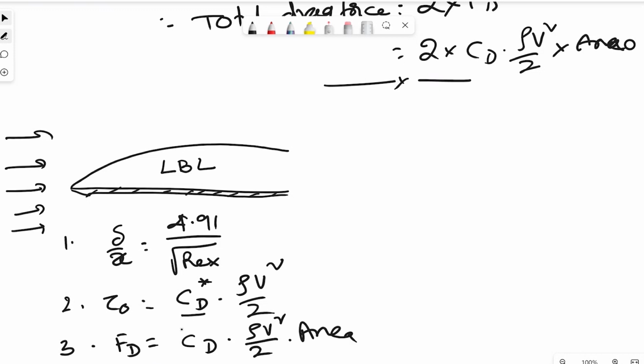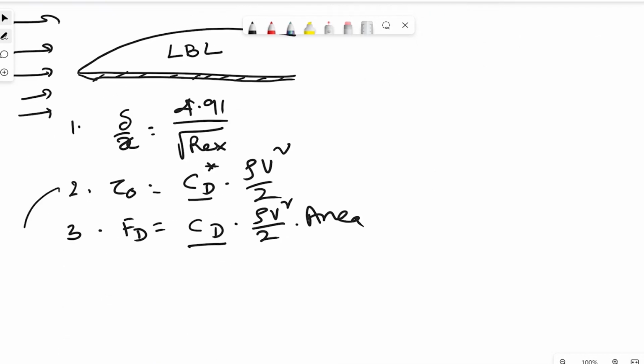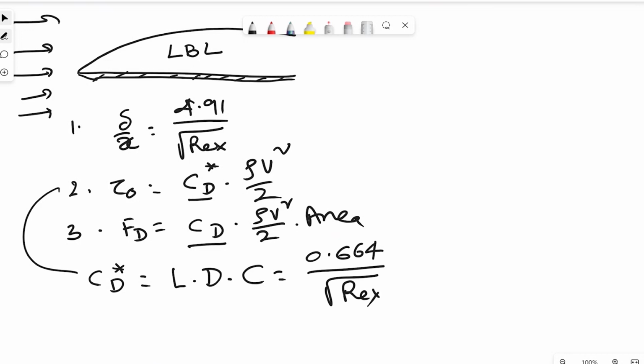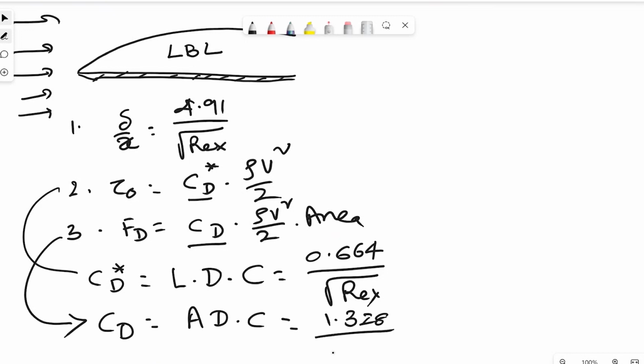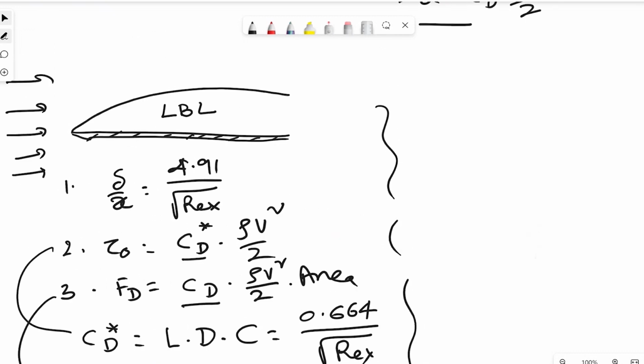CD star, the local drag coefficient, is equal to 0.664 divided by root Rex. And the average CD, the average drag coefficient, is 1.328 divided by root REL. So this is all for one case, right?